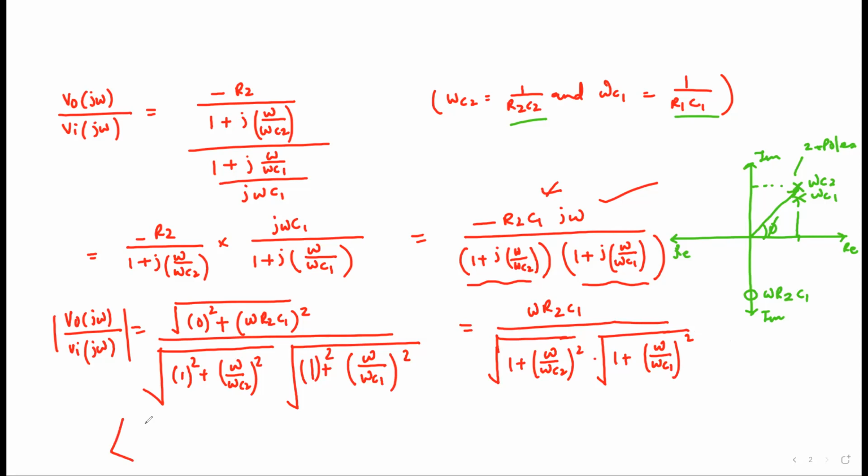What about the angle? The angle can be calculated like this. The phase of the numerator is minus 90 degrees because we have minus j there.